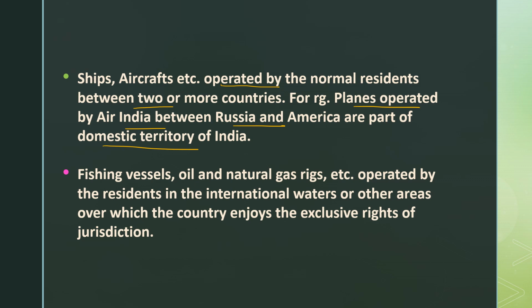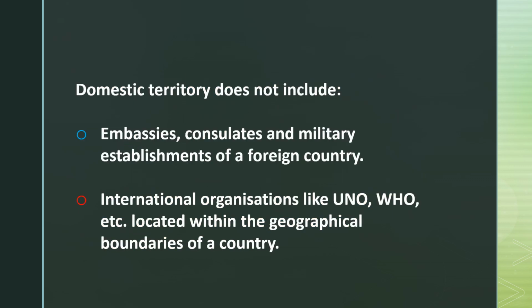Second point: fishing vessels, oil and natural gas rigs operated by the residents in international waters or other areas over which the country enjoys the exclusive right of jurisdiction. If our residents are operating any fishing vessel, oil or natural gas rig anywhere, whether in international waters or any other area, that would be considered as domestic territory of a country.